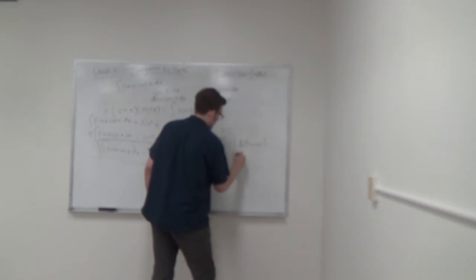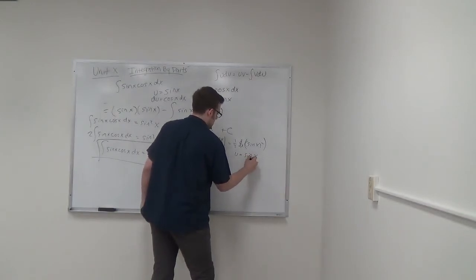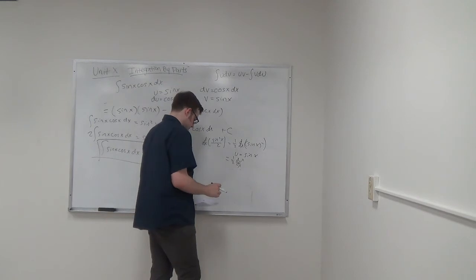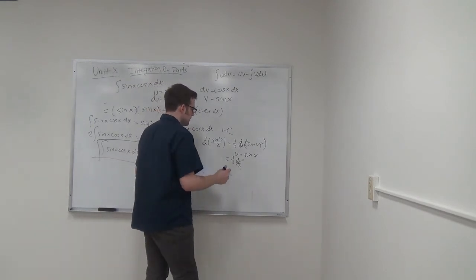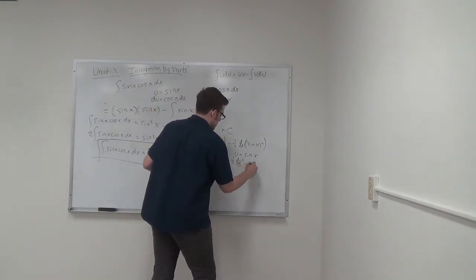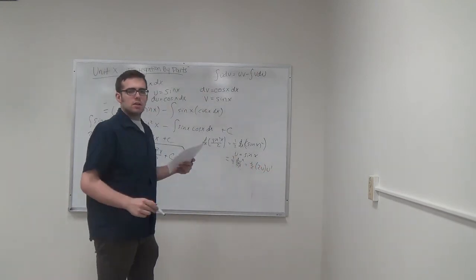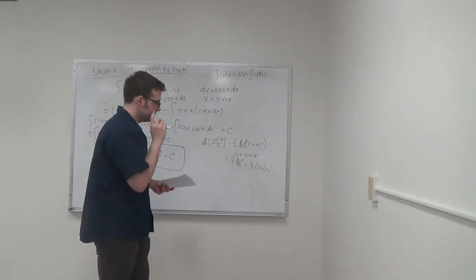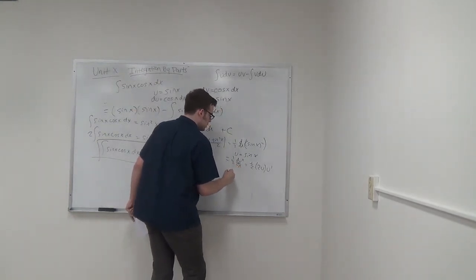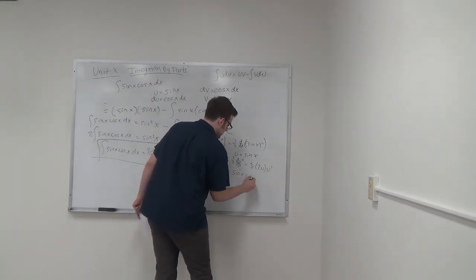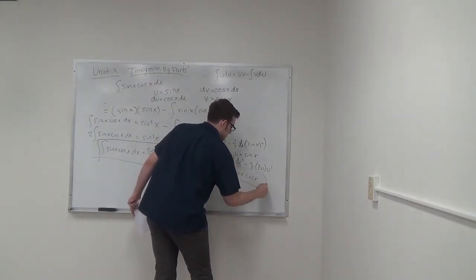Let's say we let u is equal to sine of x, so it's equal to 1/2 d(u squared)/dx. So that equals 1/2 times 2u times u prime, according to the chain rule. So it's equal to sine of x times u prime, cosine of x. Confirmed.